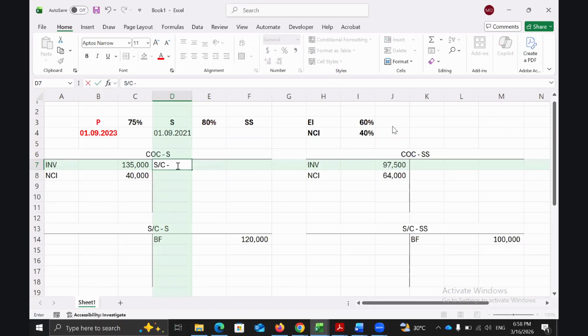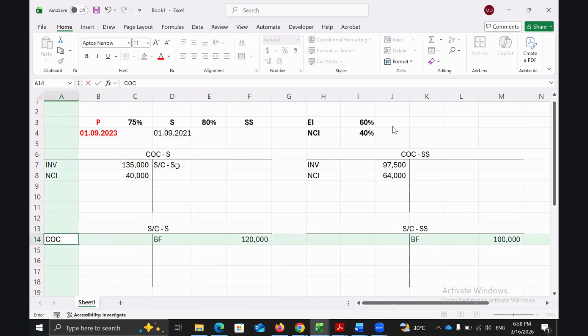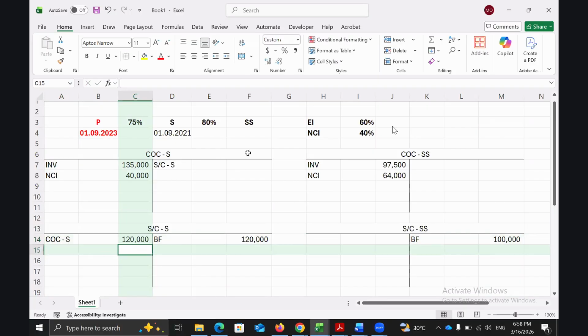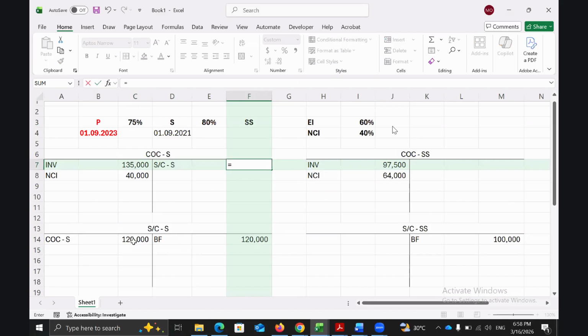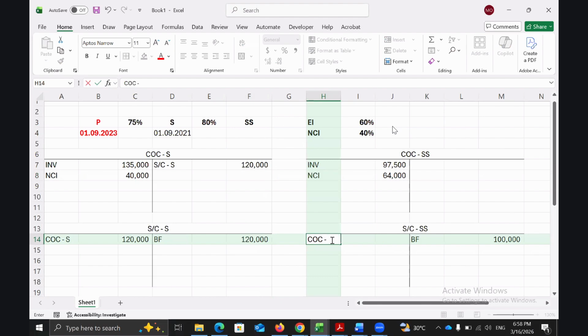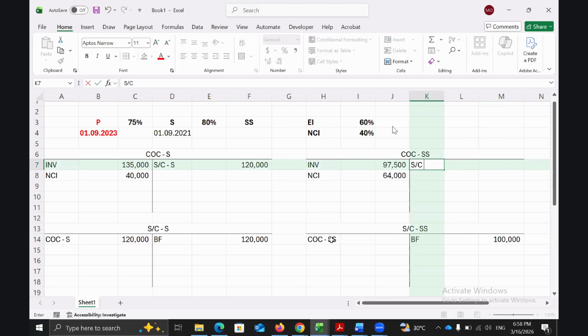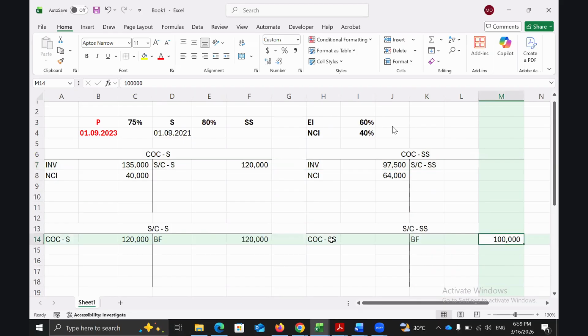Stated capital of S can be transferred to here. 120 in full. Here also, $100,000.